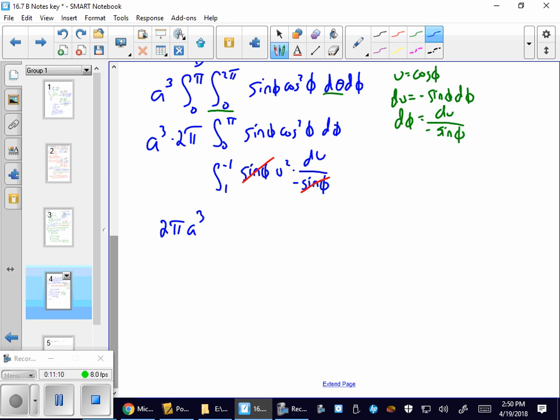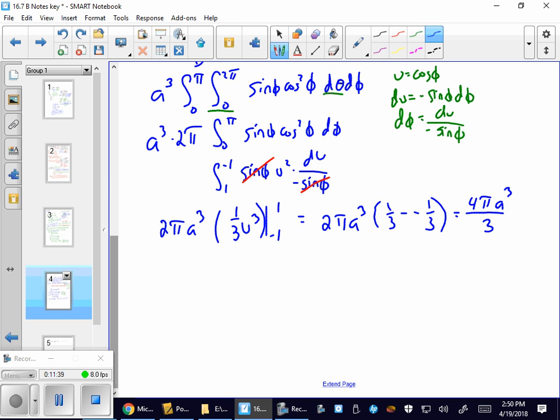Let's see, antiderivative is going to be 1/3 u cubed from negative 1 to 1. So we'll get 2 pi a cubed. Plugging in 1 gives us 1/3. Plugging in negative 1 gives us minus negative 1/3. So that's 2/3 times 2 pi a cubed. That's going to give us 4 pi a cubed over 3.